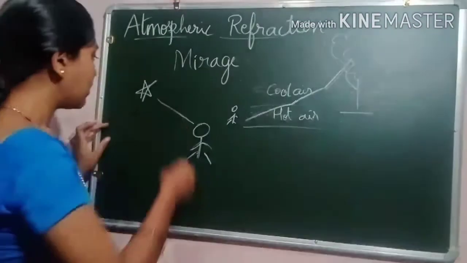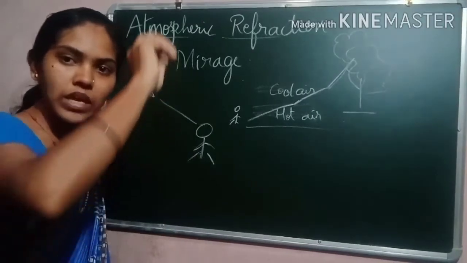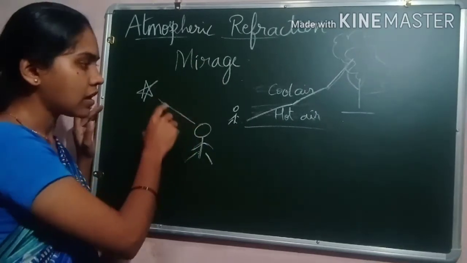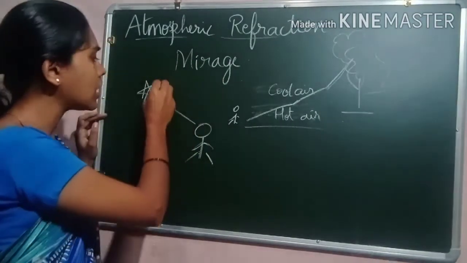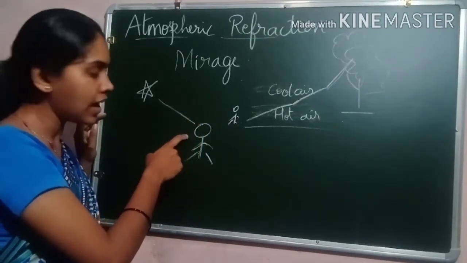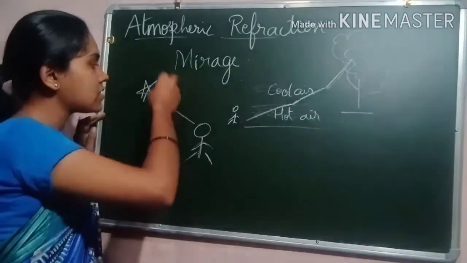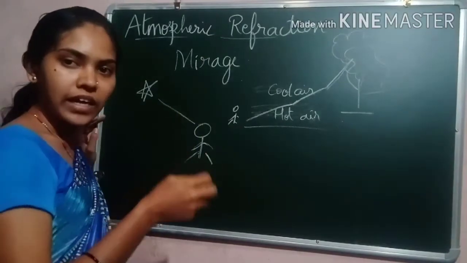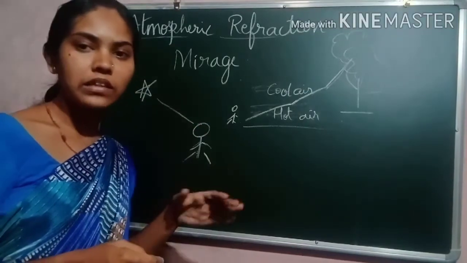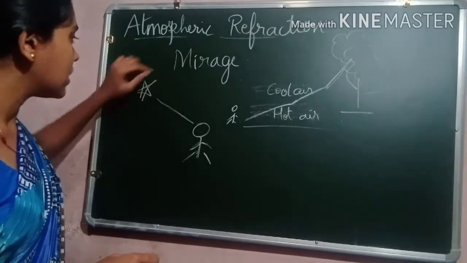The reason is, we know that the star is very far away from us, and between us and this star there is an atmospheric layer. So when the light passes through this medium, it gets refracted, and its focal length, size, position, everything varies, and it appears in a different position.